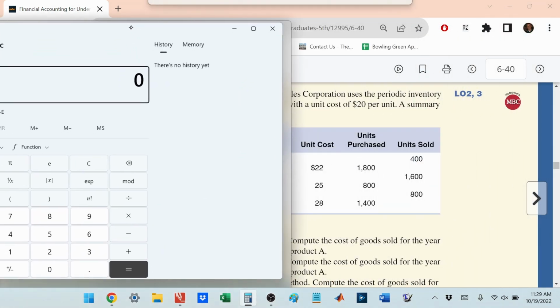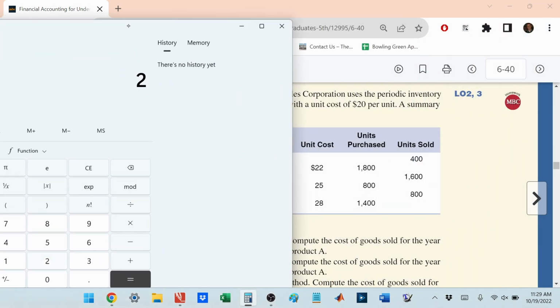Let me pull a calculator over here. That'd be the 22 times the 1,800 for that purchase that they made on April 6th, plus the 25 times 800, plus the 28 times 1,400. That's the dollar value of purchases they made this period.